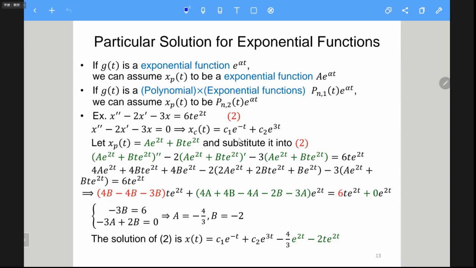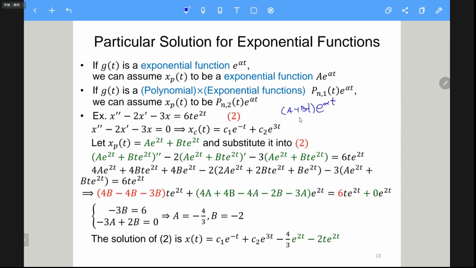Similarly, we have the complementary solution like this, and for this one, we can assume something like, oh, this is a first order polynomial. So we can assume it to be a plus bt times e to the alpha t.